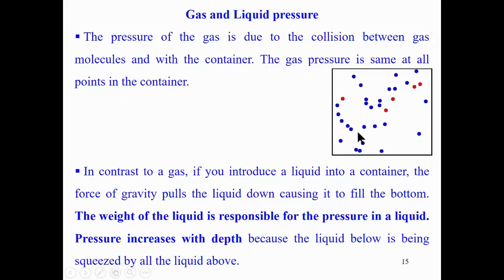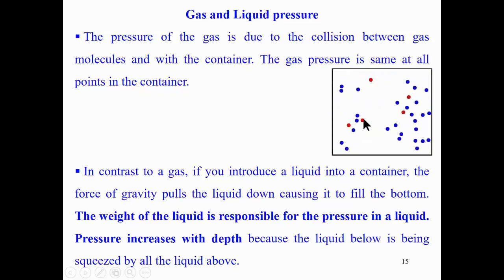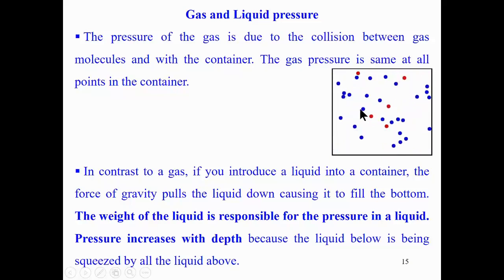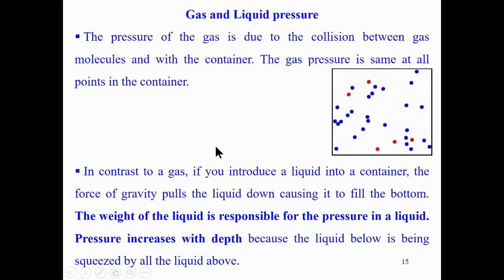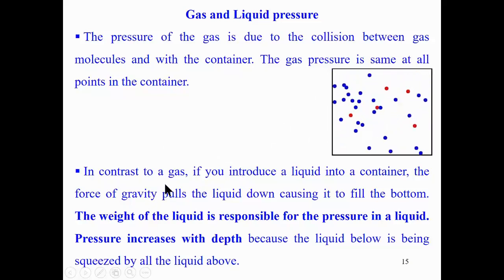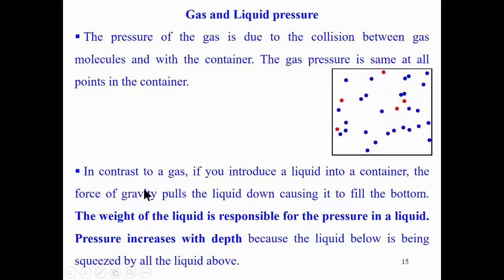There are trillions of collisions per second inside the gas, and that's its origin. We will study this more in heat and thermodynamics. But the pressure we've been talking about here is hydrostatic pressure, and the origin of that pressure, due to liquid or fluid, is gravity.